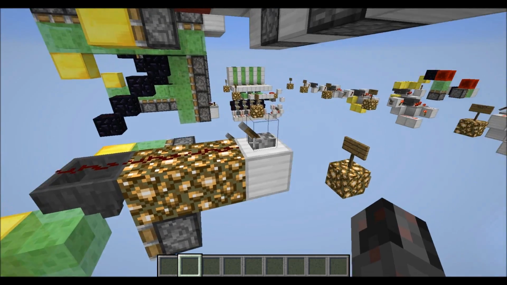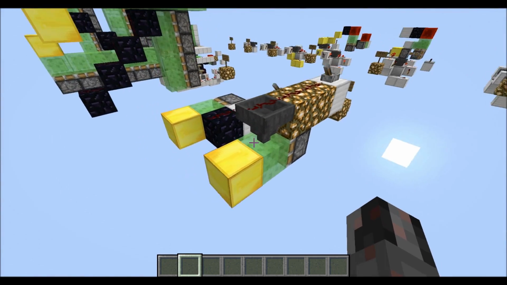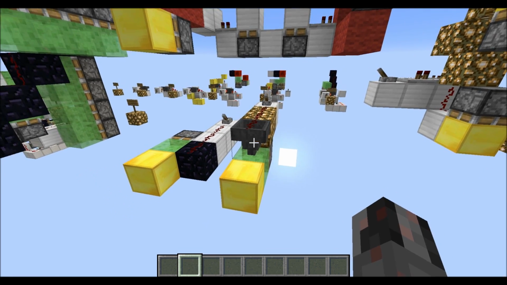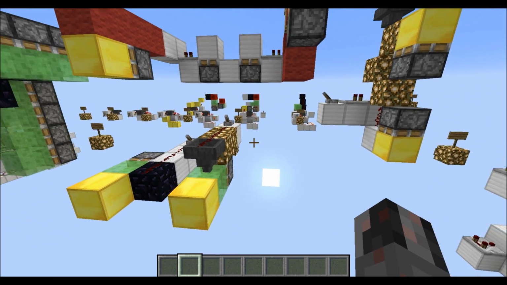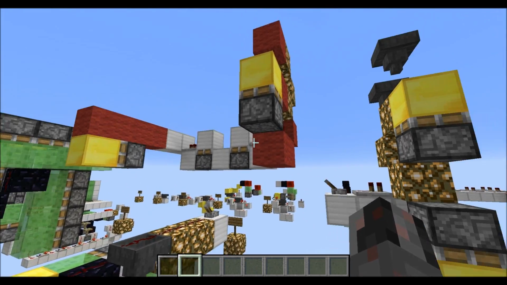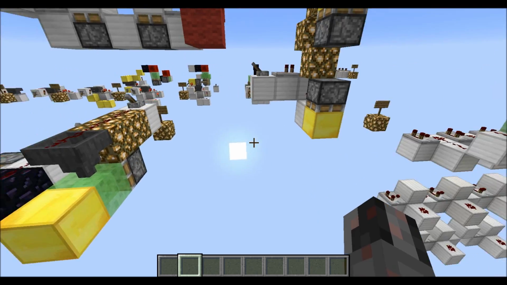But as you can see here, they work just fine. But they also make the entire thing a bit more expensive when you're designing greater contraptions. So this is how you can avoid those piston bugs with sideways contraptions.